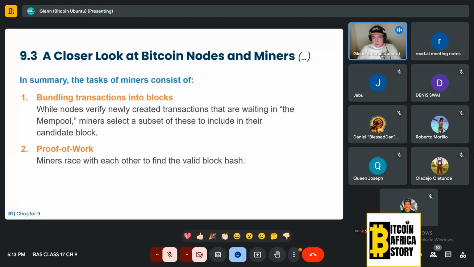In summary, the task of miners consists of: 1. Bundling transactions into blocks. While nodes verify newly created transactions that are waiting in a mempool, miners select a subset of these to include in the candidate block. 2. Proof of work. Miners race with each other to find the valid block hash. 3.